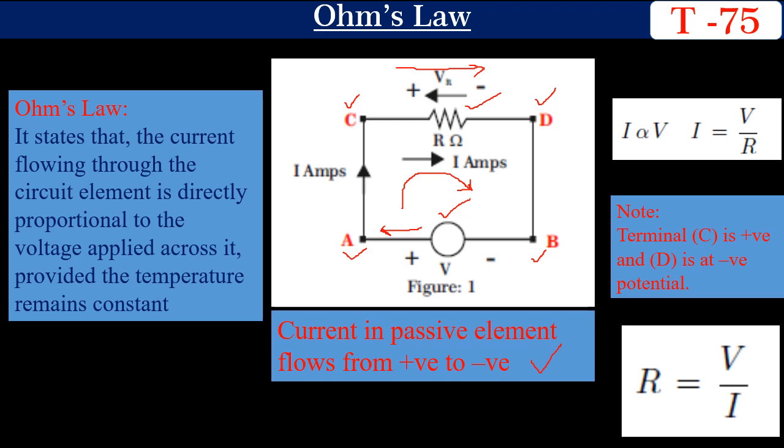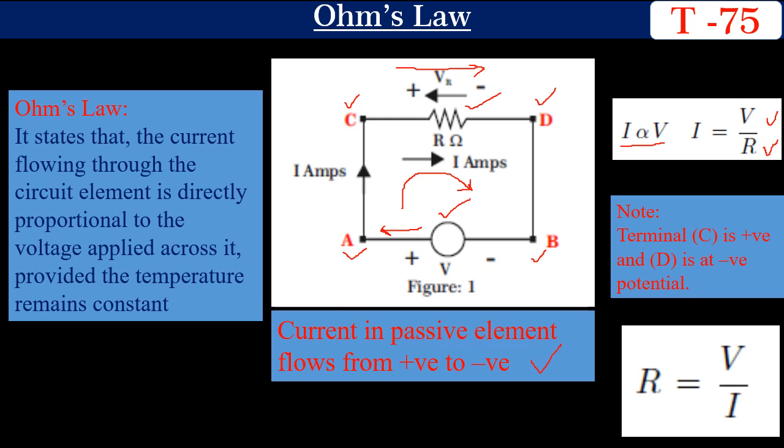Now, according to Ohm's law, I is proportional to V, and this equation we can write as I equals V divided by R. Note that the proportionality constant R, which is a resistance, is taken in the denominator. Why?